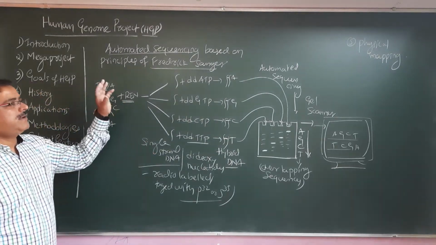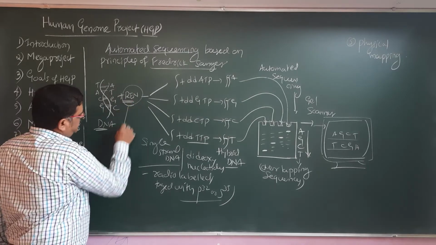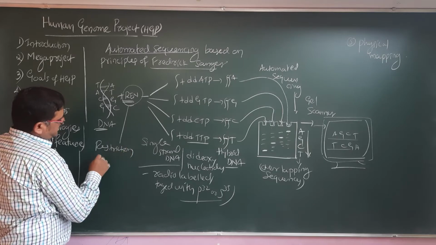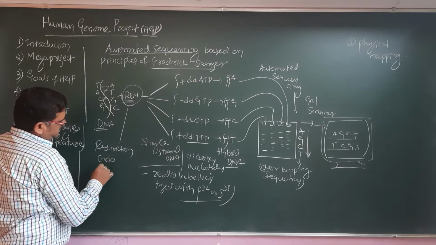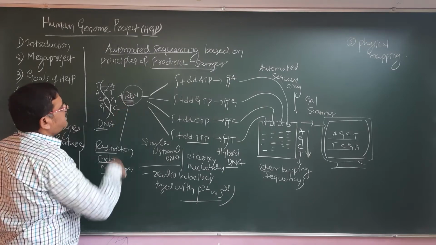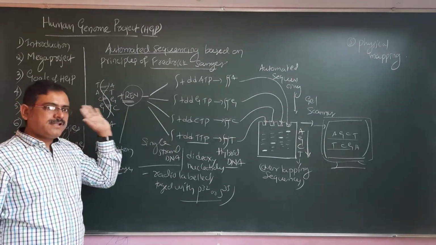Particular chromosome sequences are taken out only when you insert a specific restriction endonuclease. Restriction endonucleases are enzymes that cut the DNA at a particular sequence, and then you get one particular sequence.